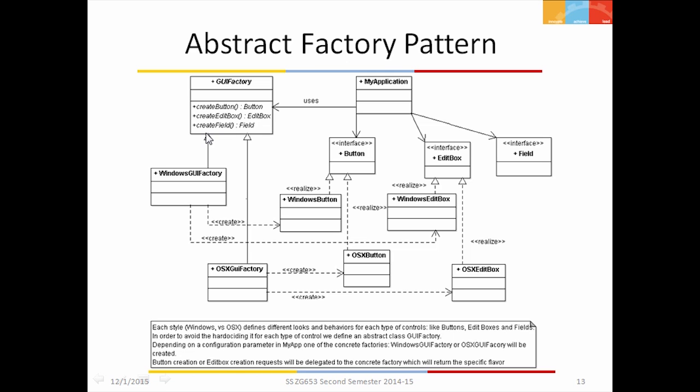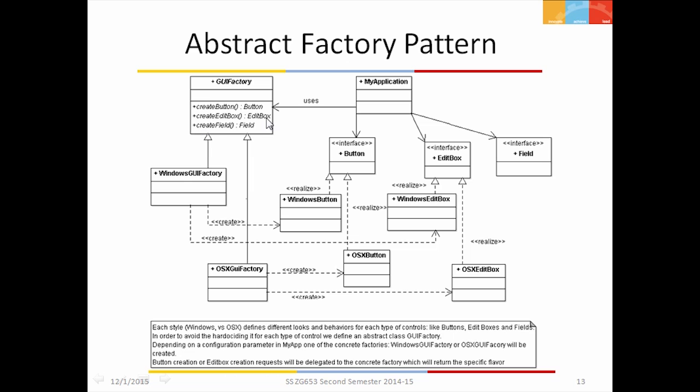So there are two concrete factories, Windows GUI factory and OS X GUI factory. This GUI factory essentially has a method to create a button, a method to create an edit box, or a method to create a field.